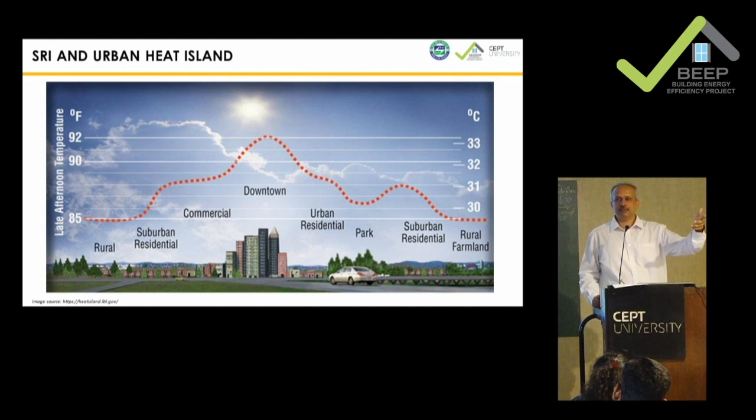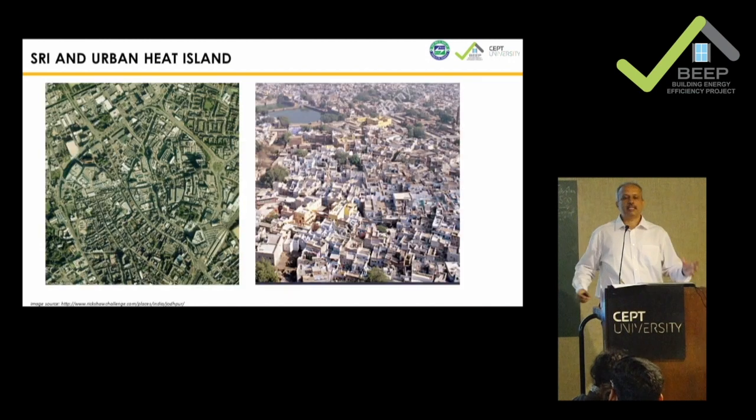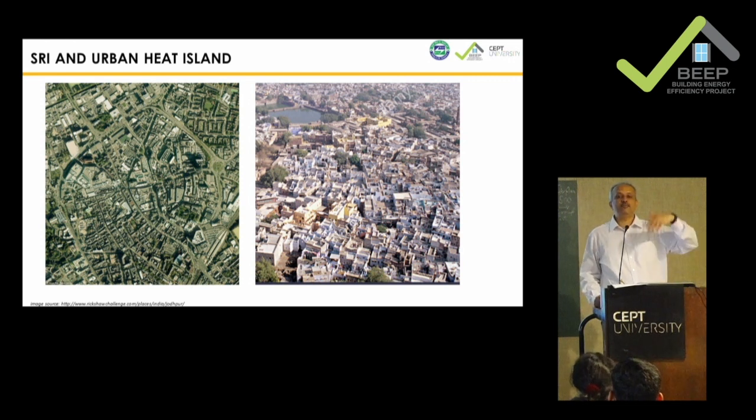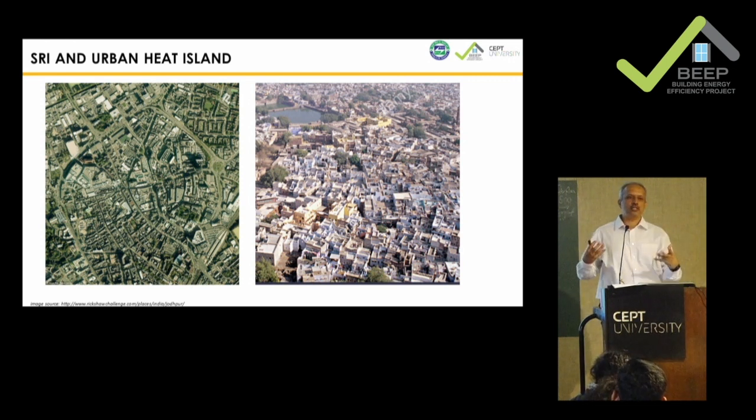Same thing happens when you have a city which keeps absorbing the heat during the day, right, because of the surface property of it, but can't release it back, because all the mass which is receiving the heat during the daytime does not have the ability to reject the heat.